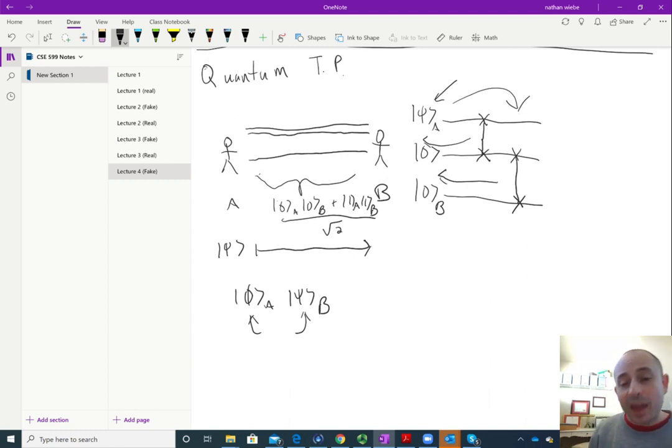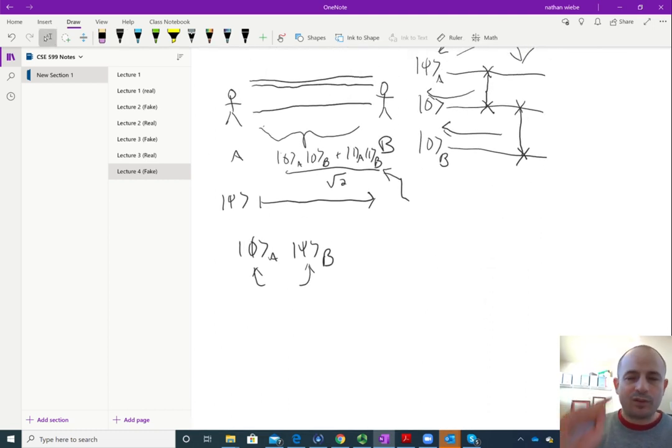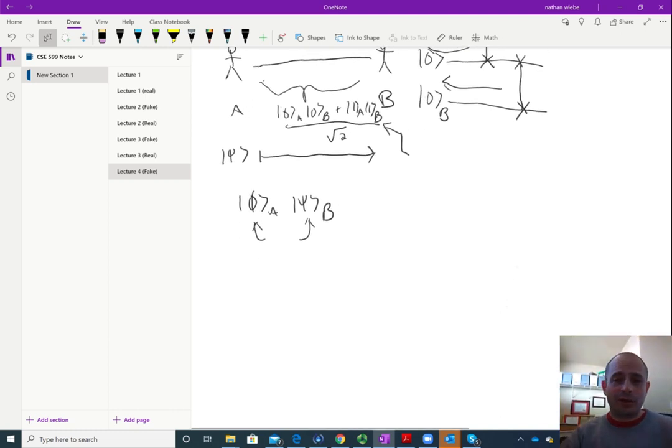But if you have an entangled state, then neither party, it turns out, holds all of the information. And in this case, if you try to split this up, you can see that Alice individually has no information about Bob's half of it whatsoever, from just hers. Or more accurately, never mind. I'll explain that more in a subsequent lecture.